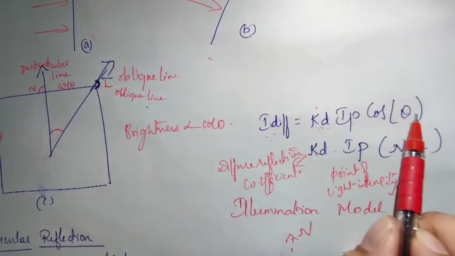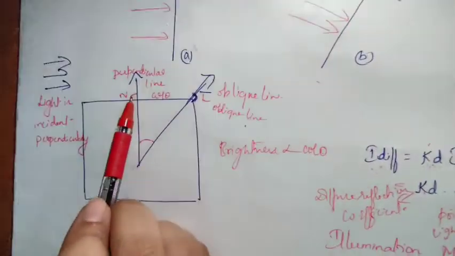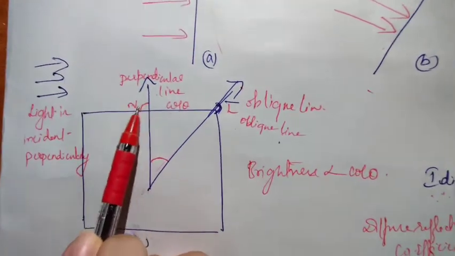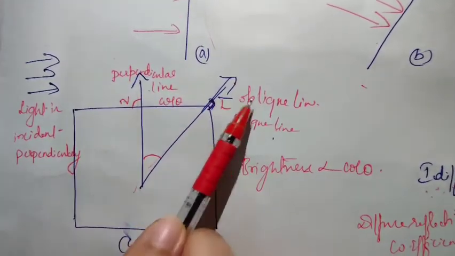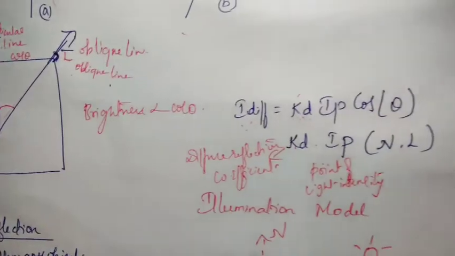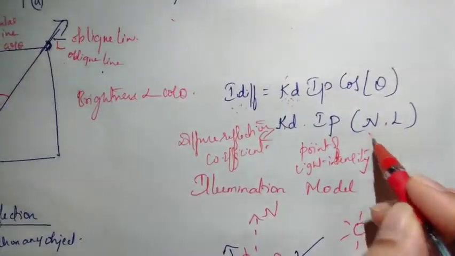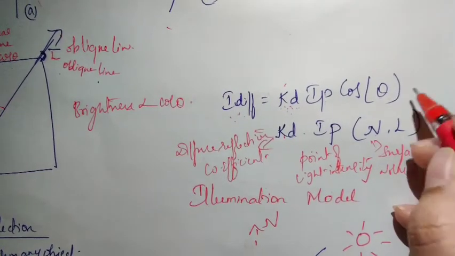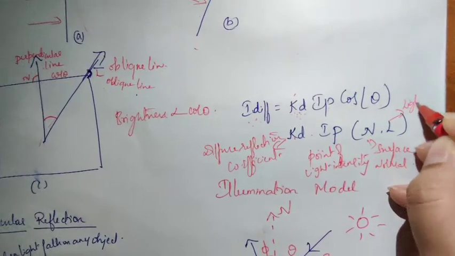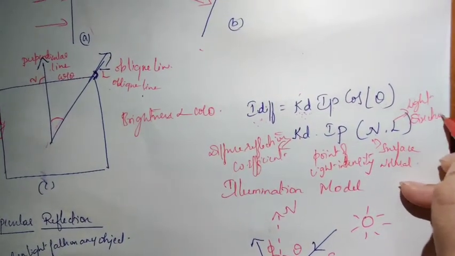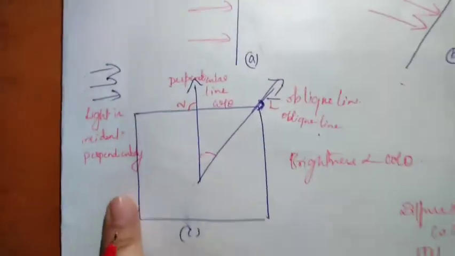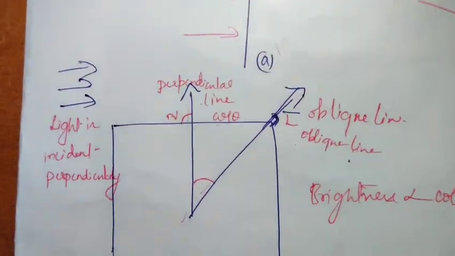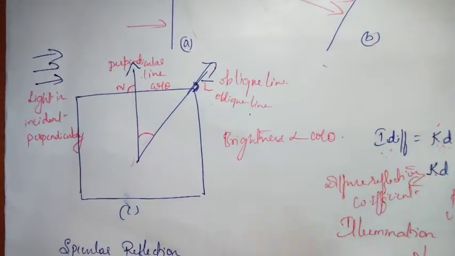Cos theta involves two vectors, N as well as L. N represents the surface normal, the perpendicular line, whereas L represents the light direction, the oblique line. It's very simple: when light is incident on this object, we can calculate the reflected intensity by using this formula.